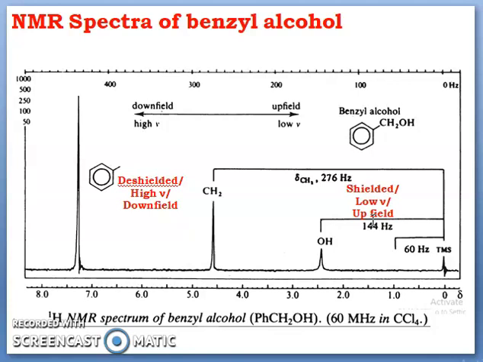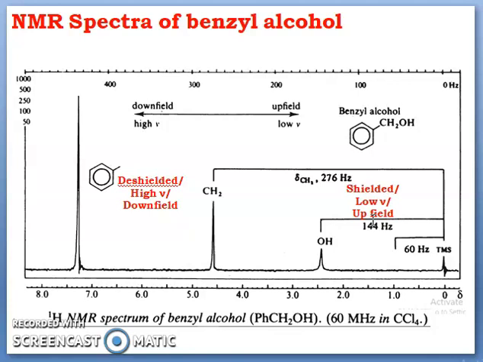The NMR spectrum comprises peaks. Those peaks give information about the type of identical protons present in the molecule, and the distance of the peak from TMS tells whether the protons are shielded or de-shielded.